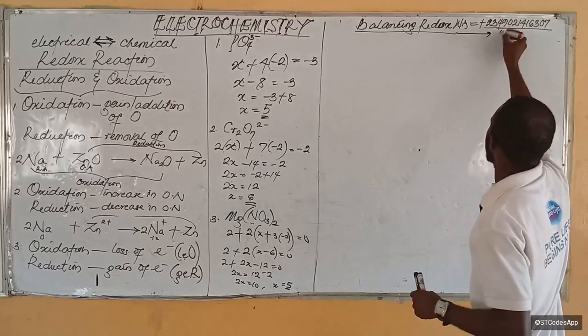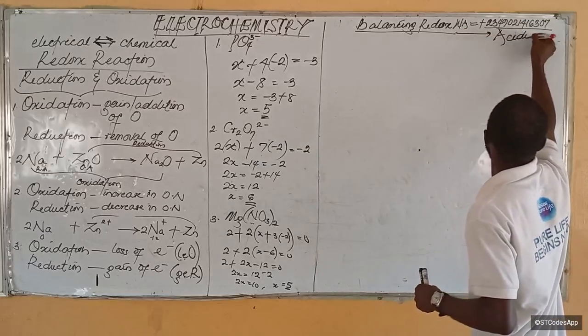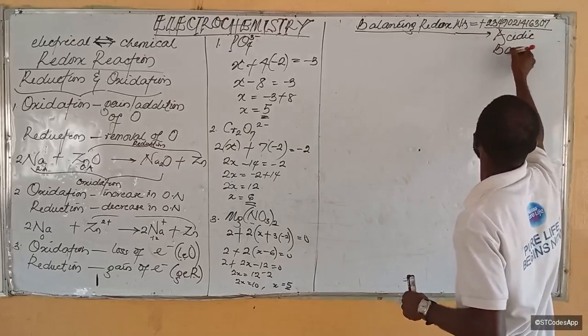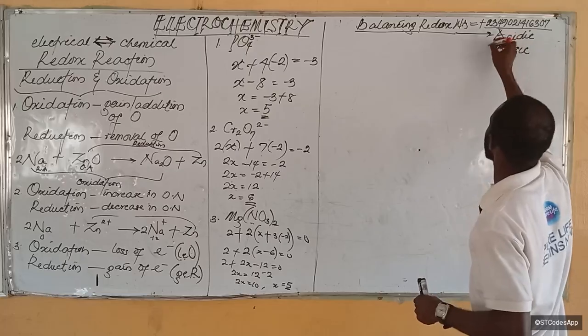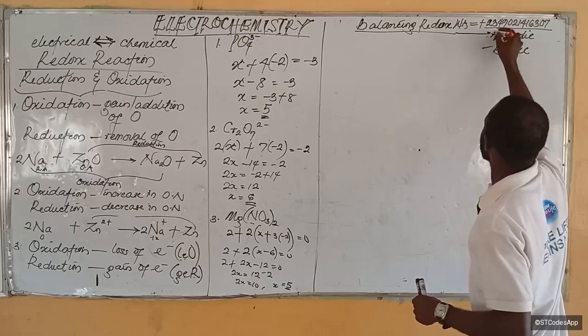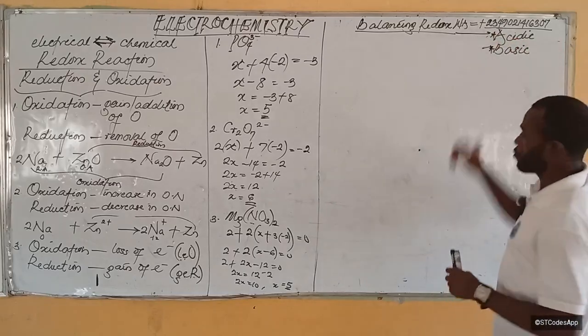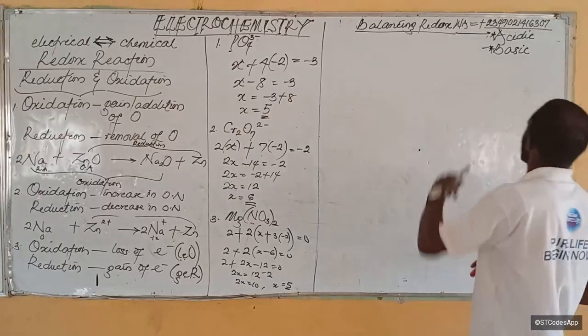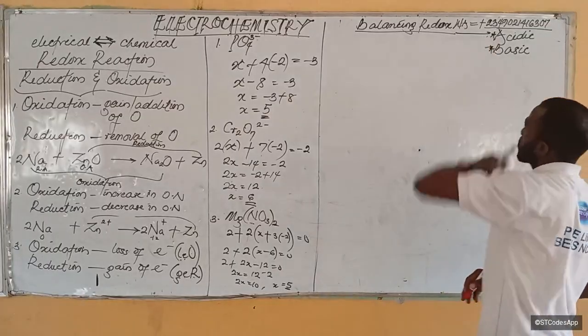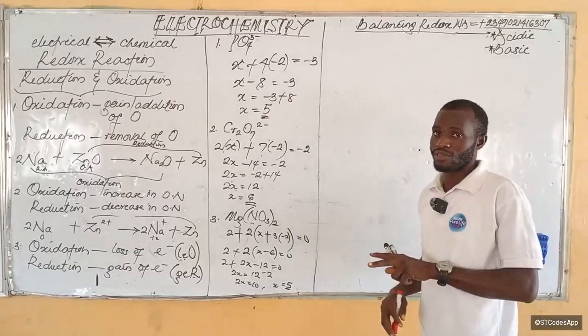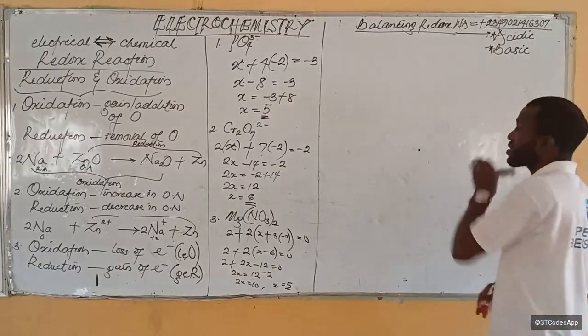We have the acidic medium and the basic medium, A and B, that's their name. Usually I teach my students to first balance in acidic, then transform it to basic. It's easy to balance in acidic medium, then transform it to basic medium.